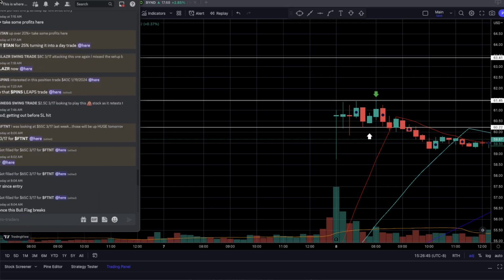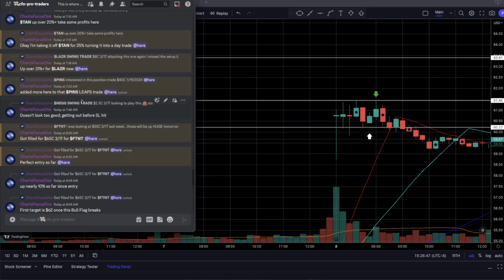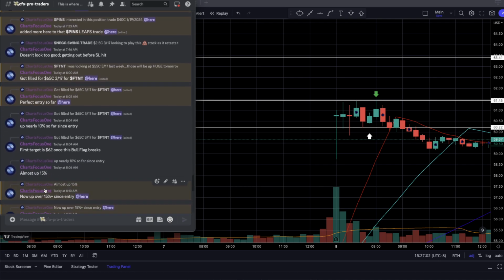And as we were tracking the price with the increased volume, we got a perfect entry again, and we were up around 10% as the price was breaking 61. And eventually, I told my members that I want to see $62 as my first price target, especially if this volume continues on the next 15-minute candlestick.